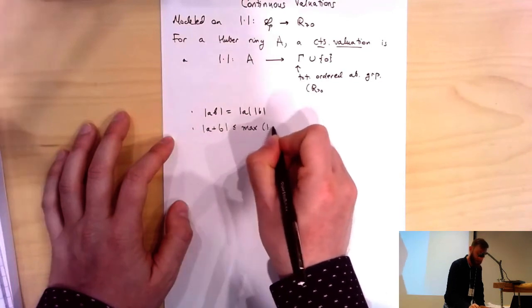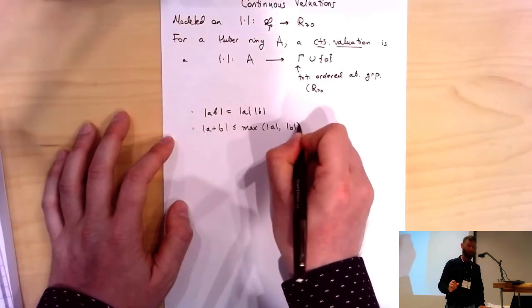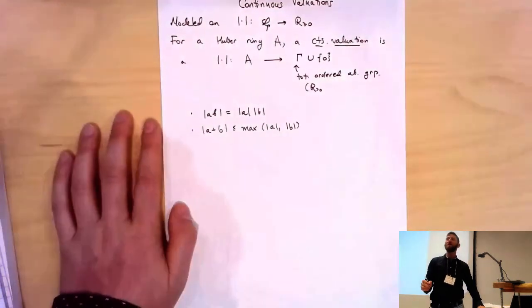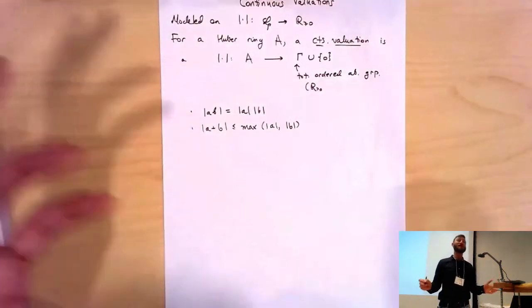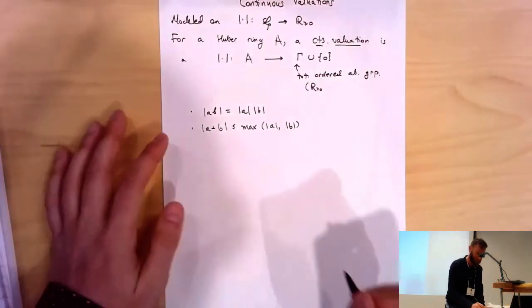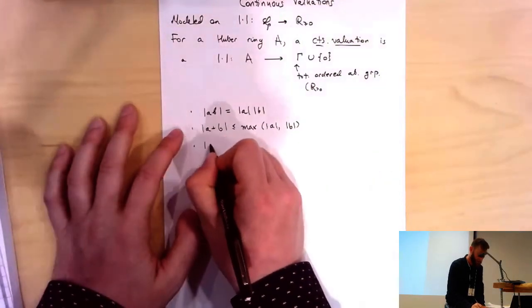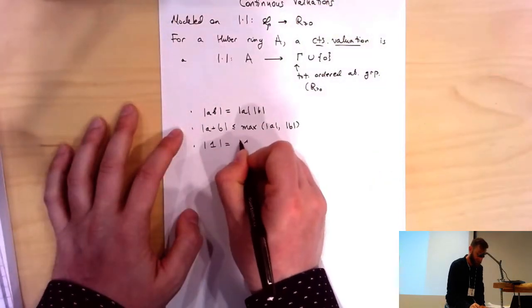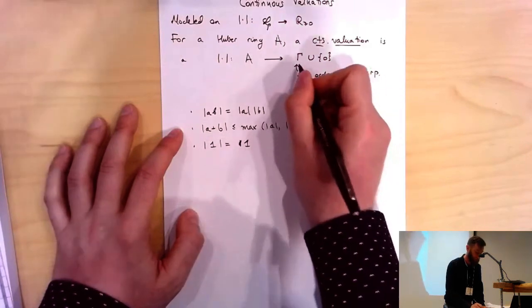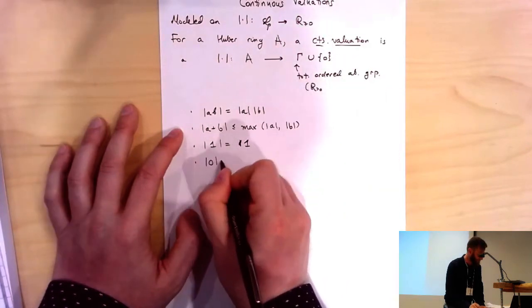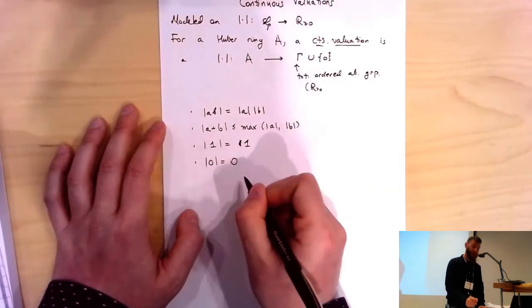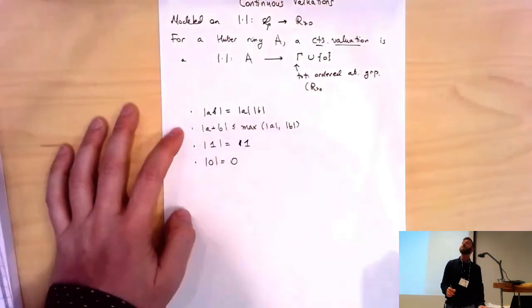It should have the non-Archimedean property, right? The absolute value of a sum of two elements is bounded by the maximum. So, yeah, the usual metric on the real numbers is not going to work because it doesn't satisfy this. And the absolute value of 1 should be 1, the identity of this group. And the absolute value of 0 should be 0. And the final condition is a continuity condition. And what does continuity mean?